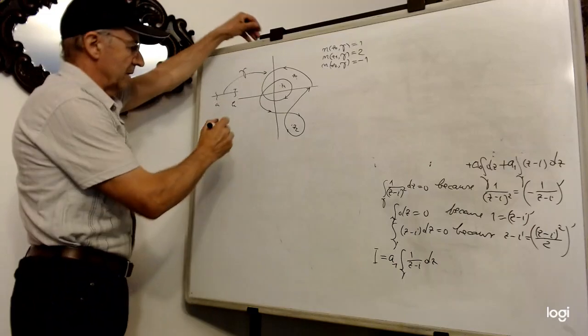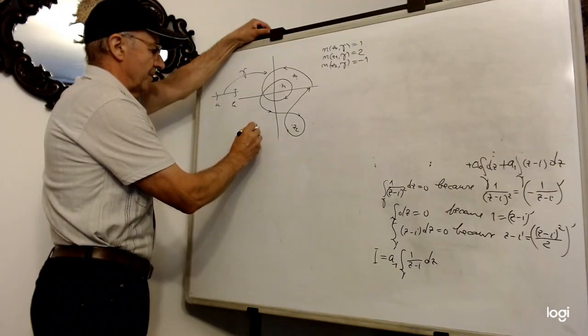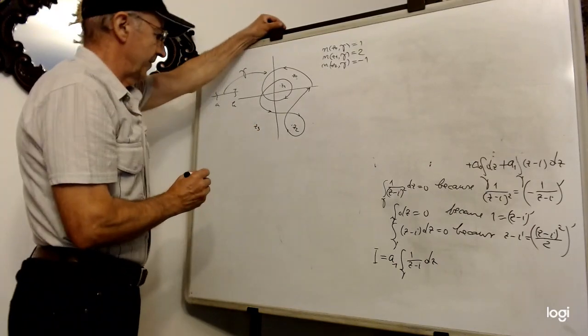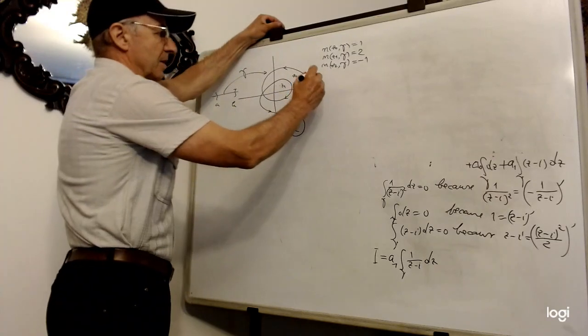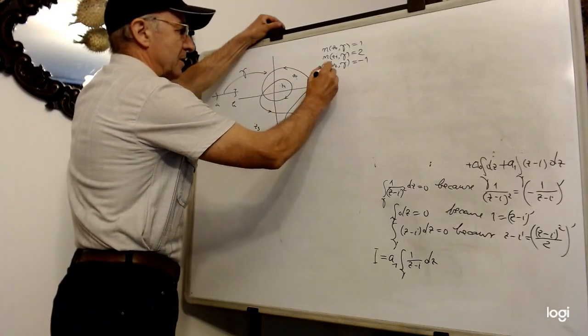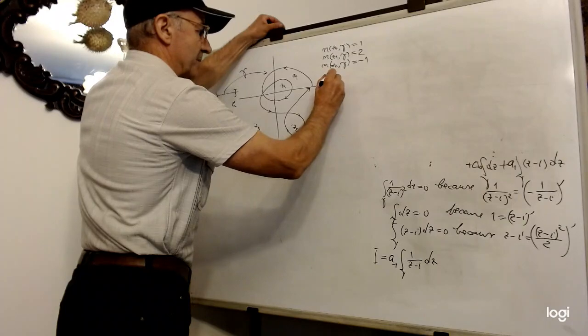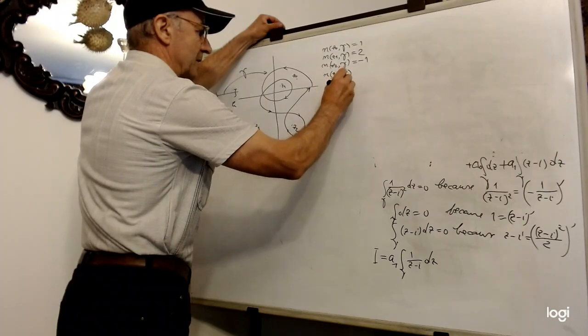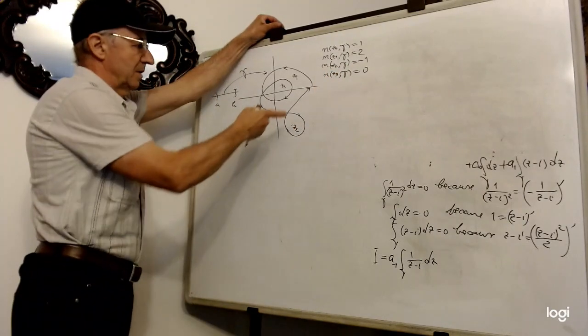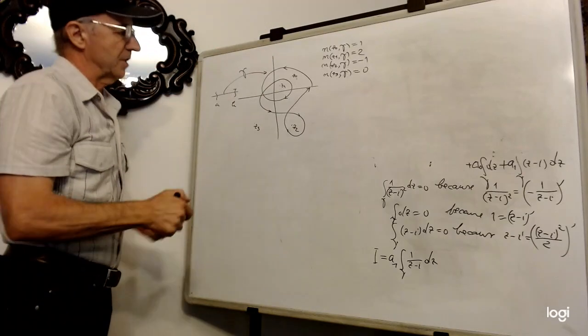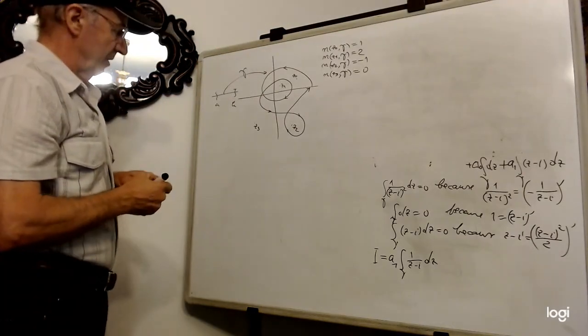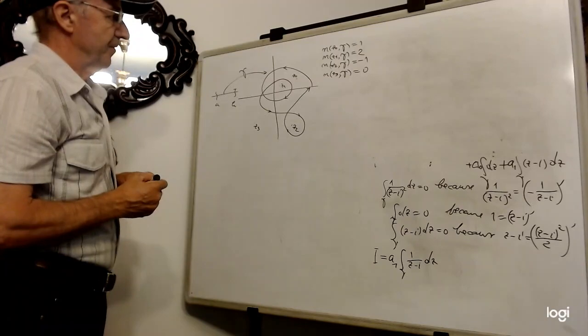For a point Z3, the winding number of gamma with respect to Z3 is 0. There are 0 turns around Z3.